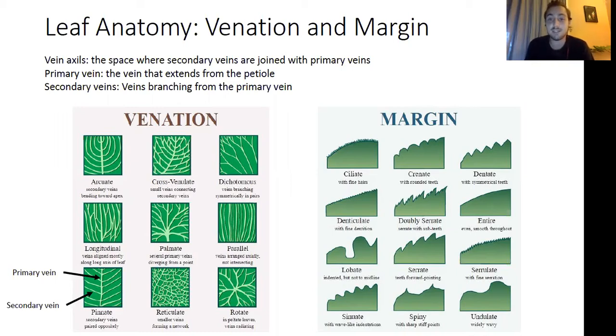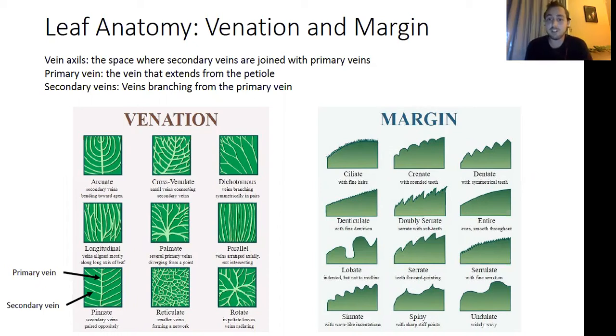And that space between, just like we have axils on stems, we have vein axils in leaf venation. These vein axils can usually have tufts of hair, which we will discuss later with our black oak when comparing it to our northern red oak. So I have it identified in our bottom left, which is primary, which is secondary.